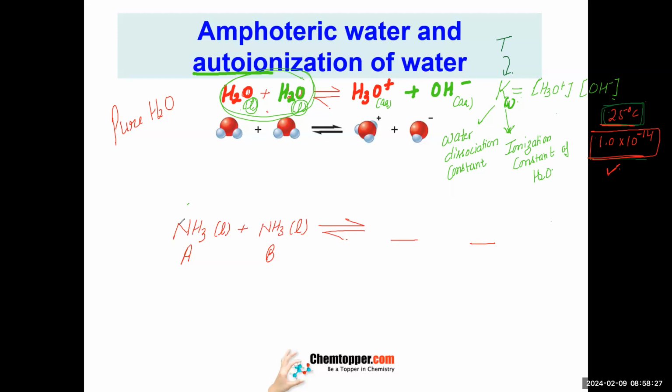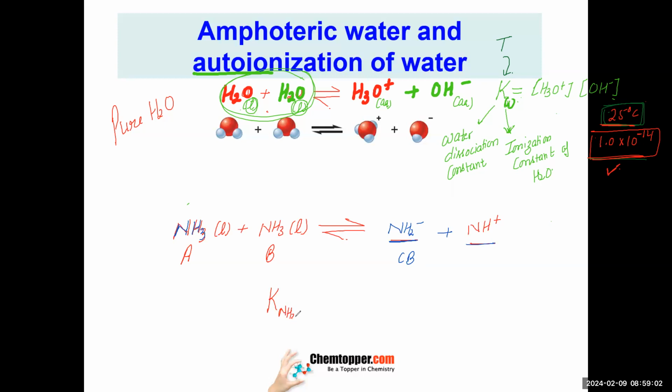Let's take this acid as blue. It's behaving like an acid, so it will get converted into its conjugate base. What is it? Very good, Azuni. You're listening very carefully. NH2 minus. And the conjugate acid is NH4 plus.